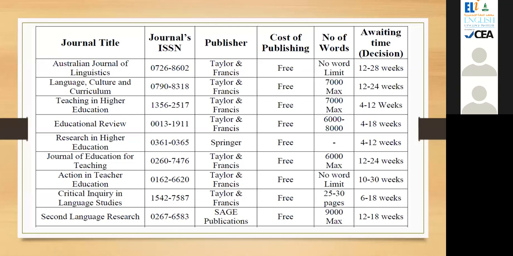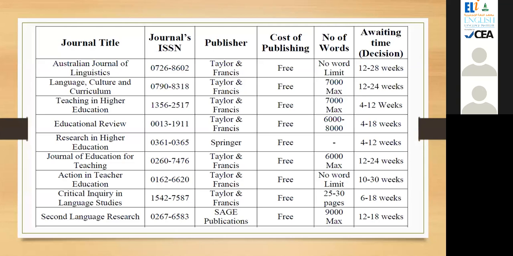In certain fields, for example in science research, most of the very high quality ISI journals ask you to pay for the journal, okay? But some of them are free.